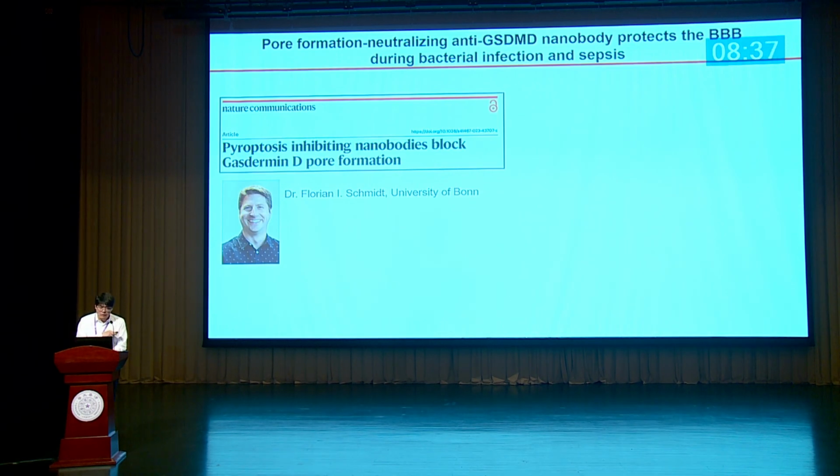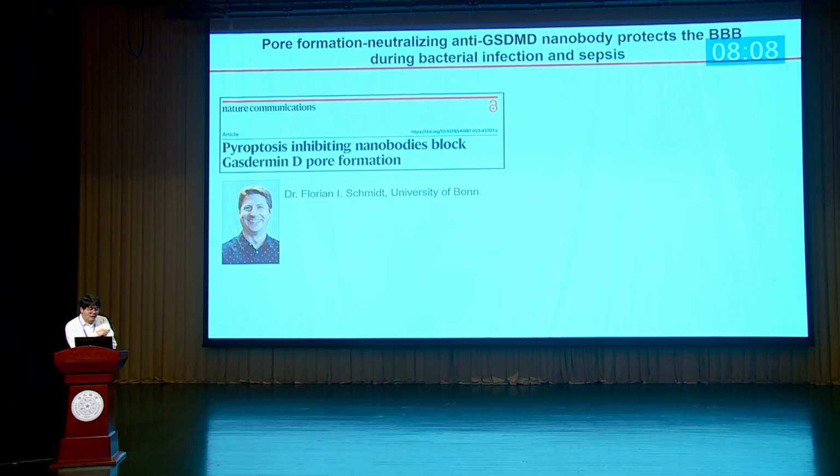So during the revision, we also found a very interesting paper came out from Professor Florence Schmidt's group at the University of Bonn. They made a nanobody for gasdermin D. Not only for recognition, the nanobody can neutralize the pore-forming activity. Basically, at the protein level, using the nanobody, you can block pyroptosis by neutralizing the gasdermin D pore-forming activity.